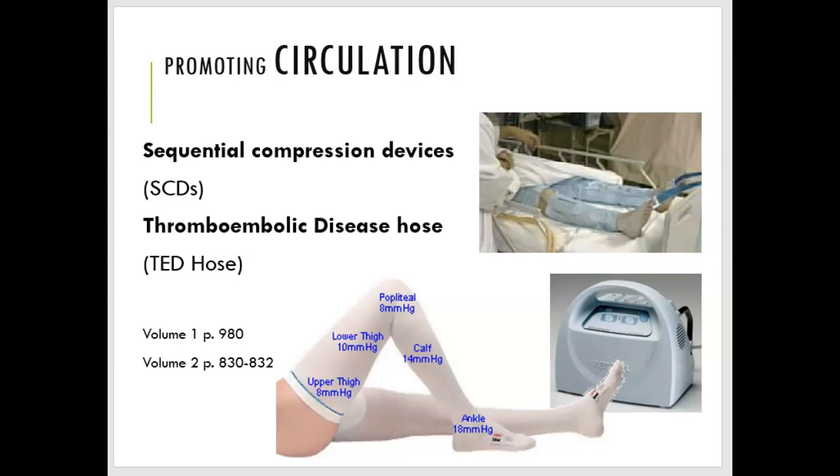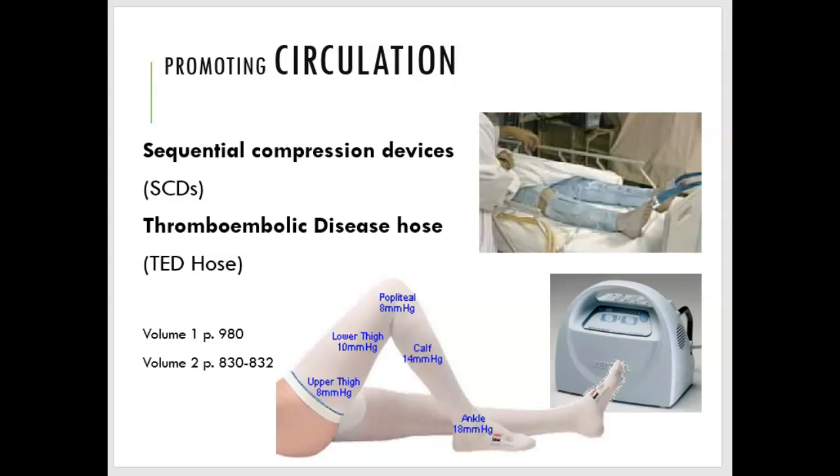But anyway, the best way that we can promote circulation in our patients is by getting them up to walk, ambulating them. That best promotes their circulation, gets the heart pumping, and helps move the blood up the legs through muscle contraction in our calves and in our thighs. It gets the venous blood moving.